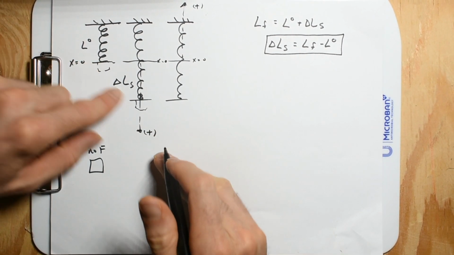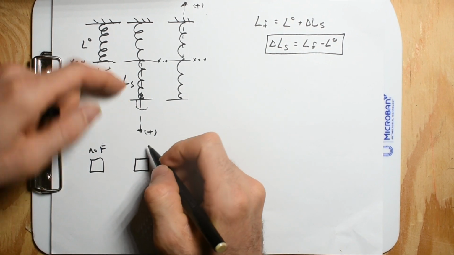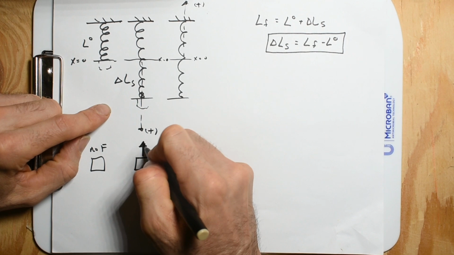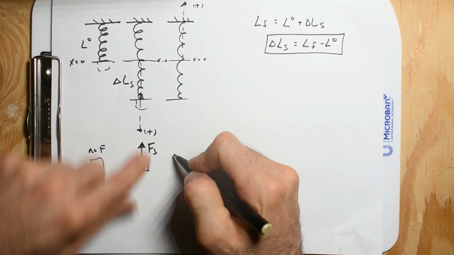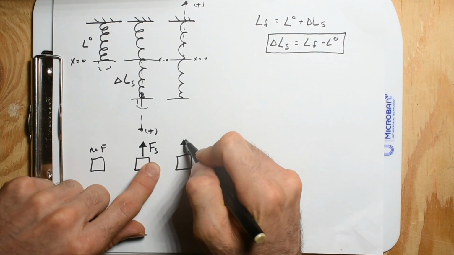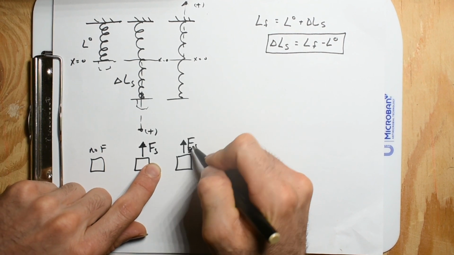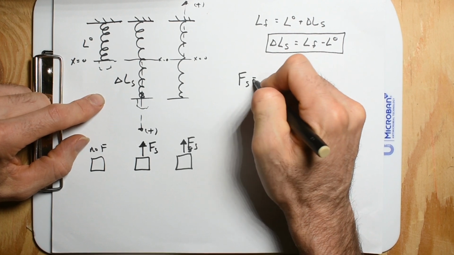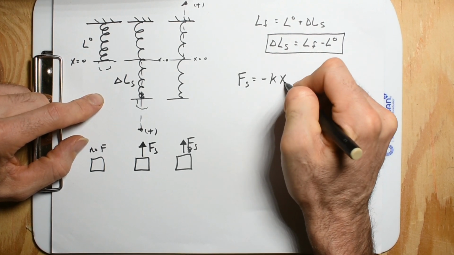But in this one, the spring is going to want to pull this block that way. Force of the spring. Same thing for this one. Sorry, force of the spring is going to pull it that way. And we're going to use force of the spring is negative kx.